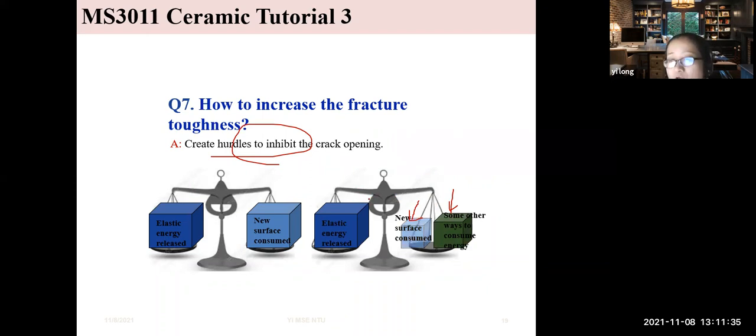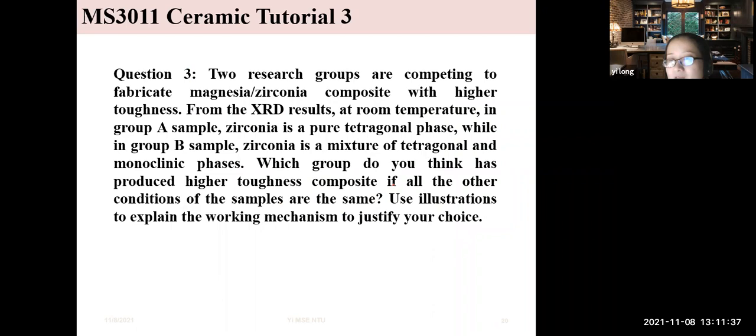So let's see. This question actually is very, very difficult, but I just want to see how you answer it. Can you type: do you think group A is winning or group B is winning? It's a very difficult question, actually. Two research groups are competing to fabricate magnesia zirconia, zirconia, right?